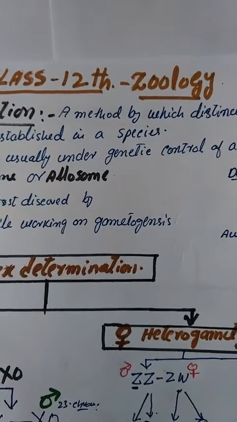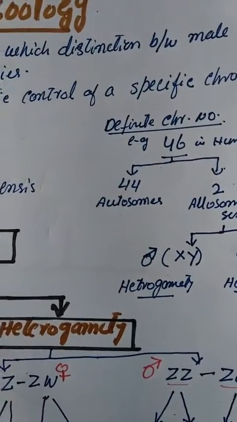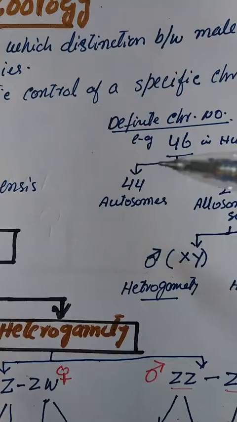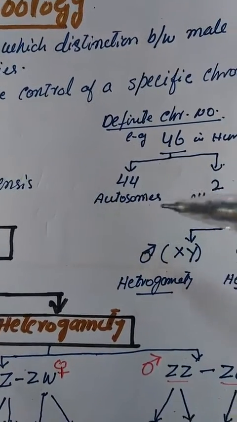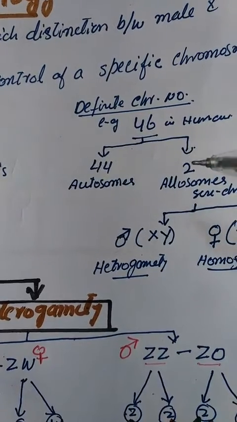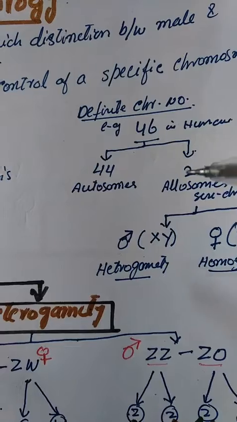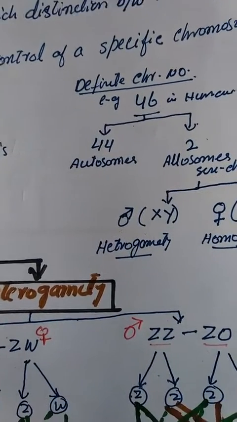For instance, in human beings there are 46 chromosomes. Among these 46 chromosomes, 44 are autosomes, while 2 chromosomes are known as allosomes or sex chromosomes, which are related to sex determination and reproduction.